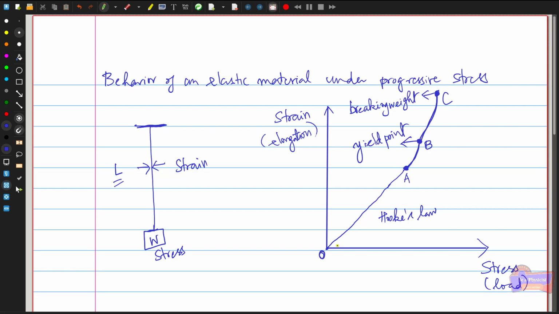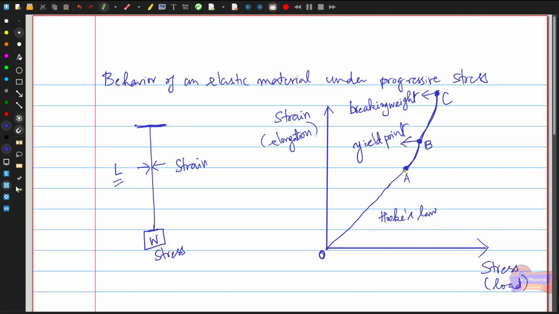Therefore, when you keep on giving stress to an elastic material, three different things happen in the wire. First, for small stress, the wire or material will obey Hooke's law. That means there is a linear relation between stress and strain.